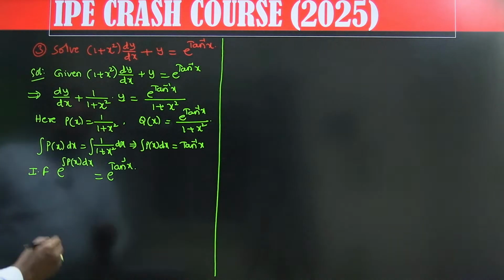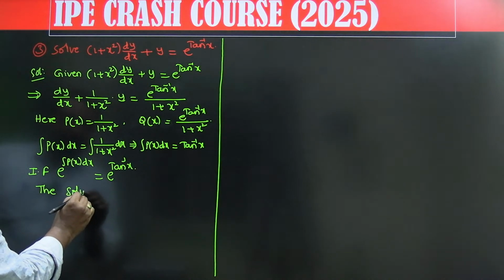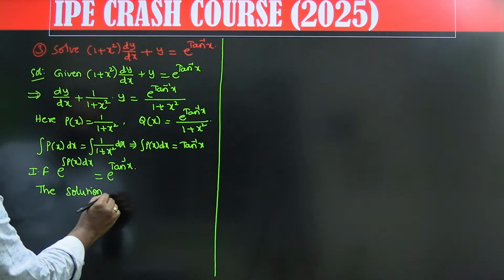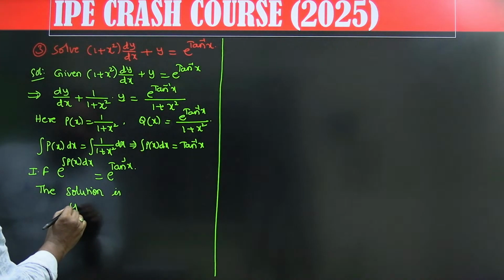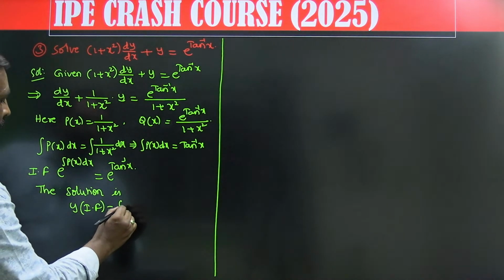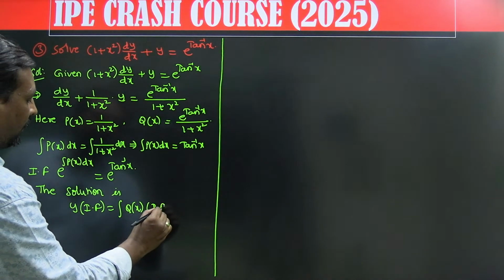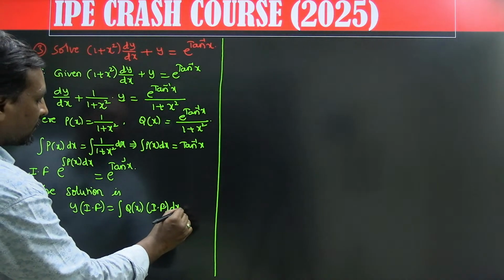So the solution is y into IF is equals to integral q of x into IF dx plus constant c.